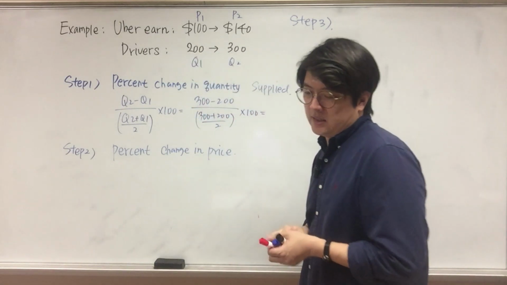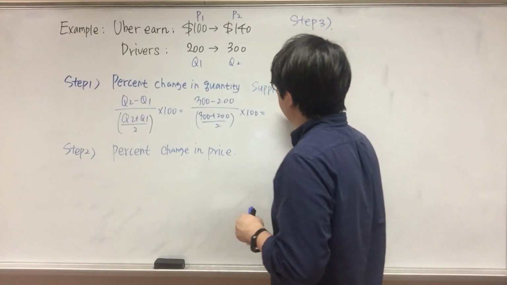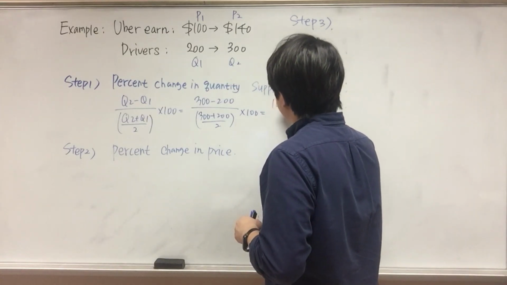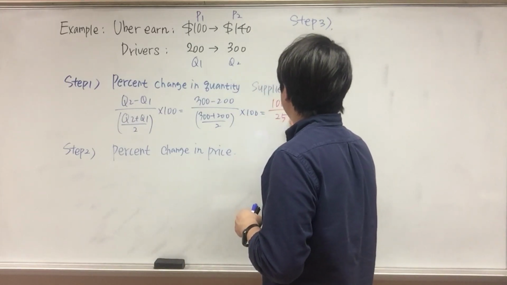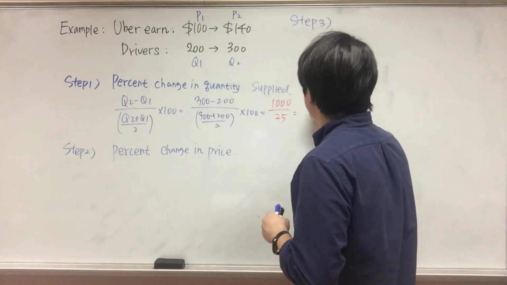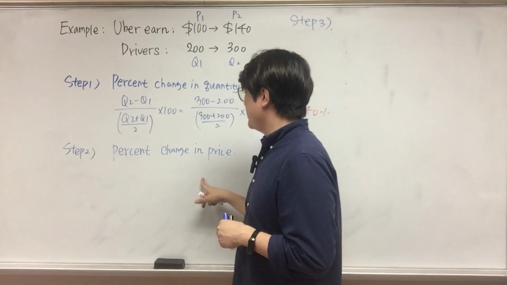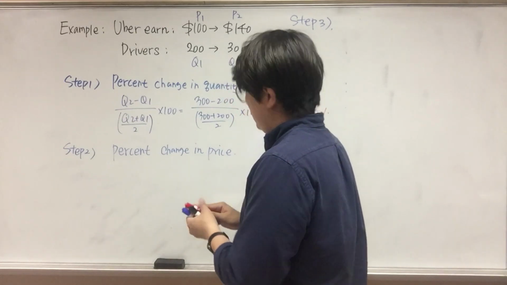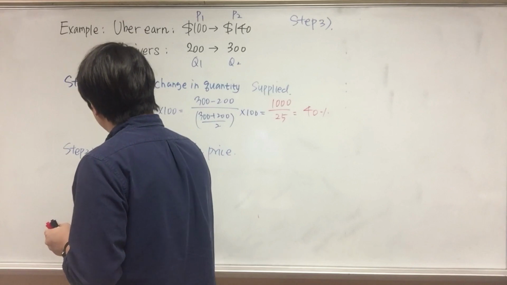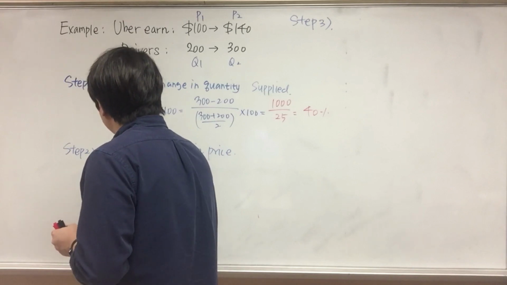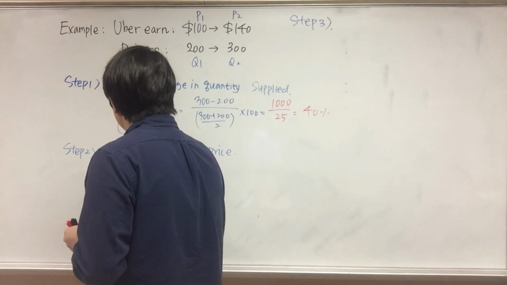If you check this value, we have 40%. In terms of the percent change in price, if we use the midpoint method, P2 minus P1 divided by the average value, times 100.